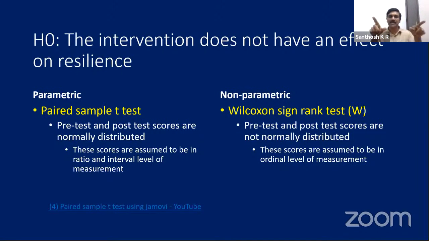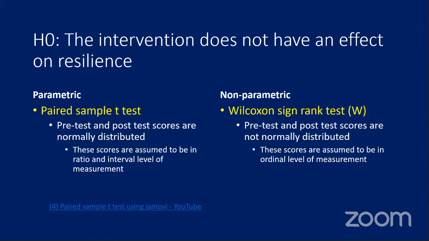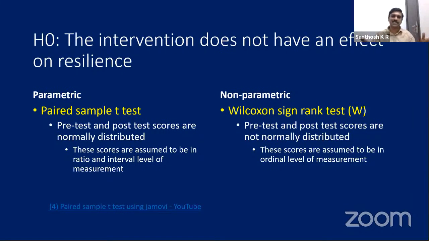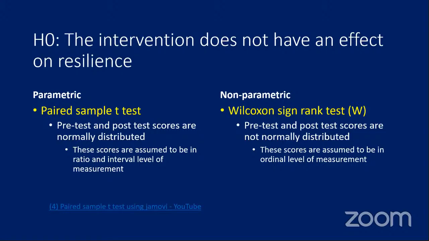Resilience is the dependent variable, the independent variable is the intervention, and the levels of measurement, that means the level which the variable has. These three have to be considered when deciding about the test. Got it? Yeah. Okay.